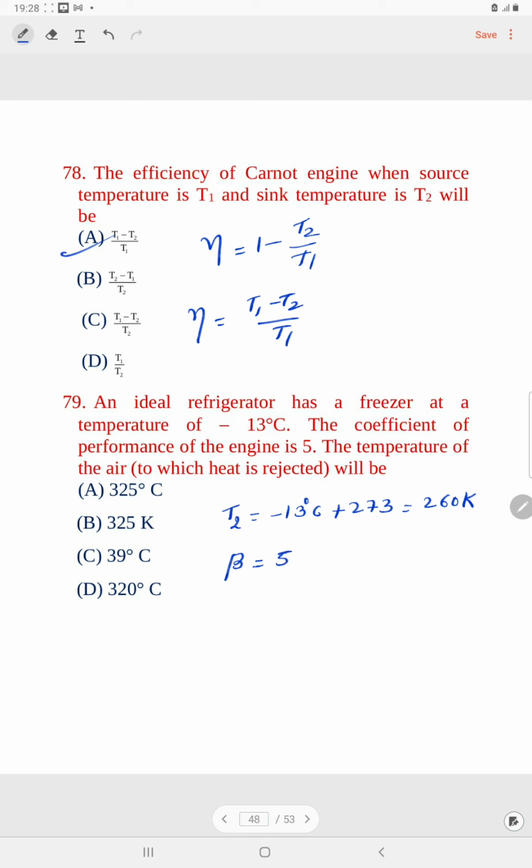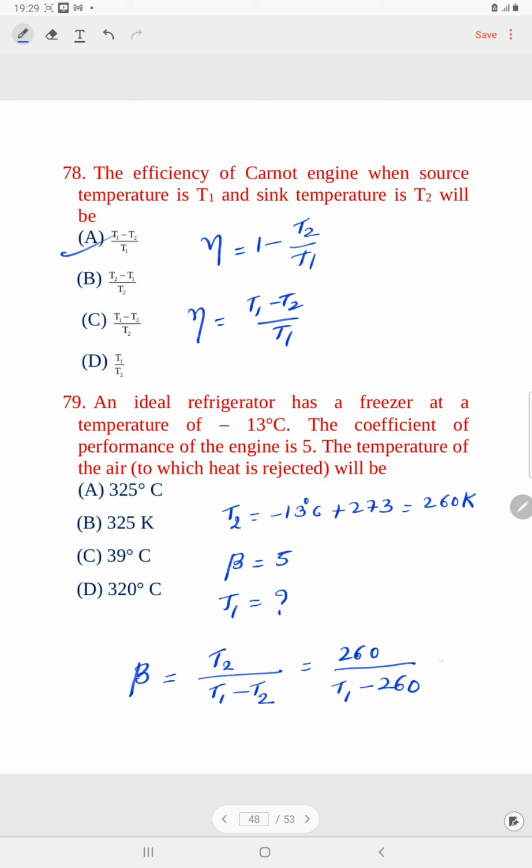Then the temperature of the air, that is the heat rejected, will be. That means we have to find T1. Students, we have a formula for the coefficient of performance, which is beta equals T2 divided by T1 minus T2, where T2 is 260, divided by T1 minus 260.